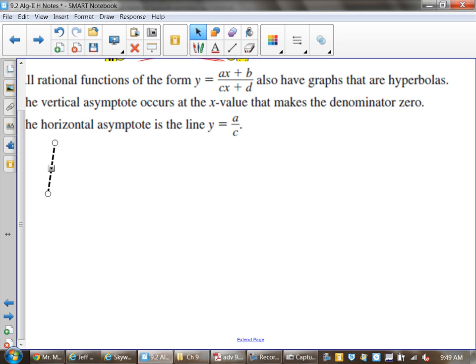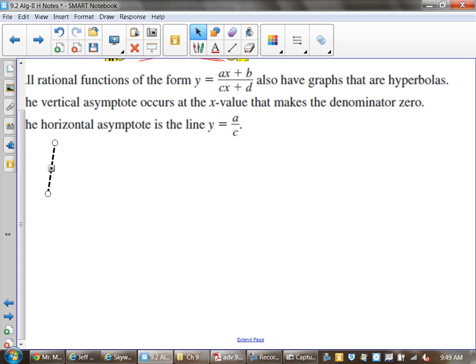Whatever your 0 for your denominator is, that's going to be your vertical asymptote. Your horizontal asymptote is always going to be at the equation y equals a over c. Now that a value and c value wind up being the coefficients in front of the x.